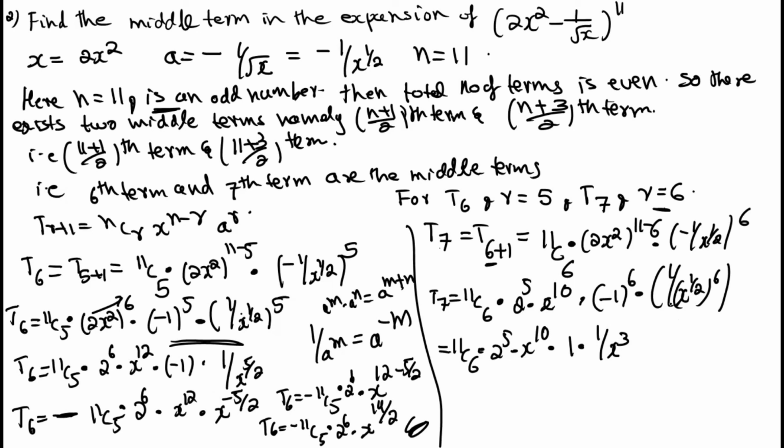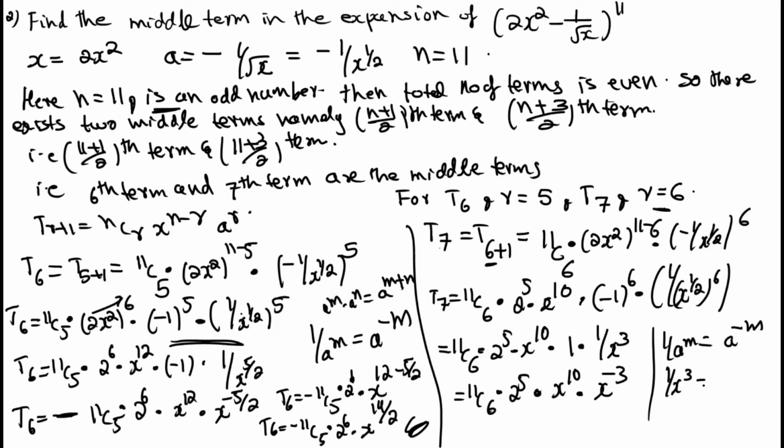So in the next step, it's equal to 11C6 into 2^5 into x^10 into x^(-3). Why x to the power minus 3? Because 1 by a^m we can write as a^(-m). Similarly, 1 by x^3 you can write as x^(-3).